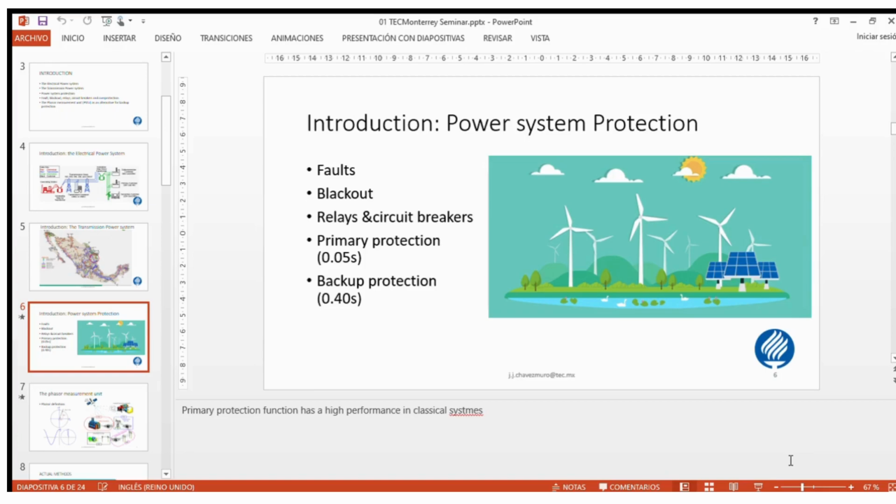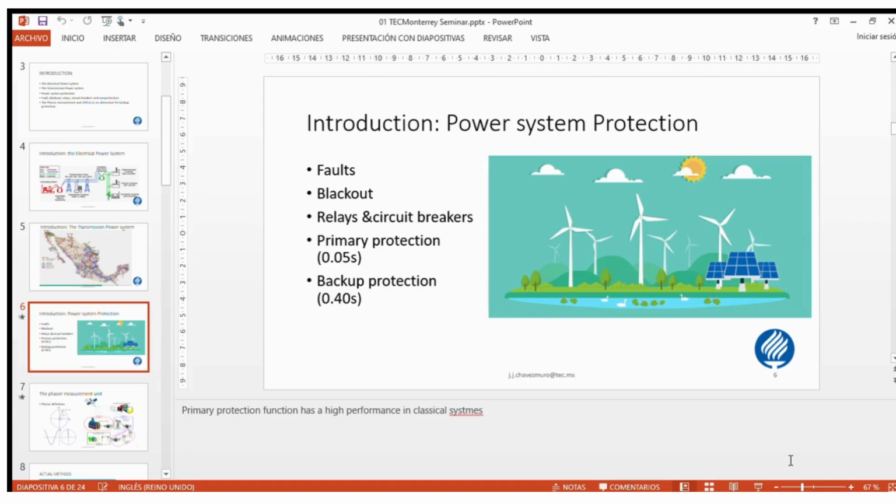So the current becomes so high that it can melt the cable. But no, this doesn't happen every time. We have some elements here to protect the system, and what they do is isolate the part of the system that is on the fault, opening a circuit breaker.